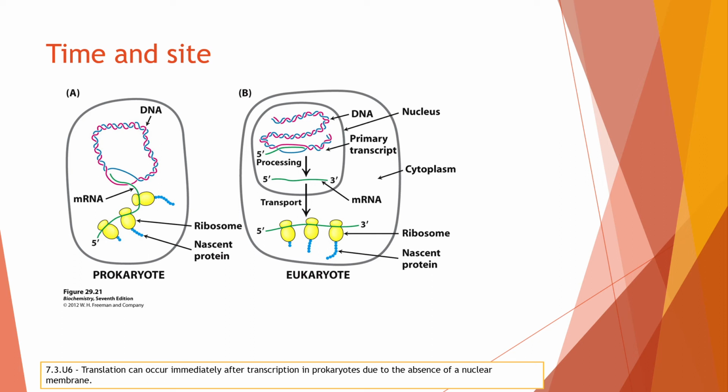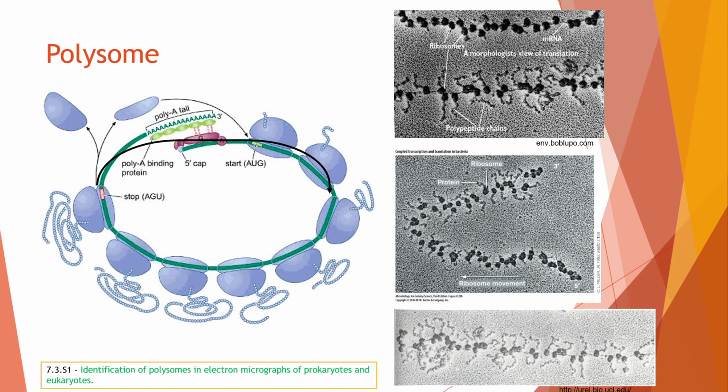Another thing which is stressed by these diagrams, and maybe you already asked this question yourselves, is that on these RNAs there is not one ribosome performing translation, but a whole set of them. This is quite a common situation. Such a structure, many ribosomes translating the same molecule of RNA at the same time, is called a polysome.